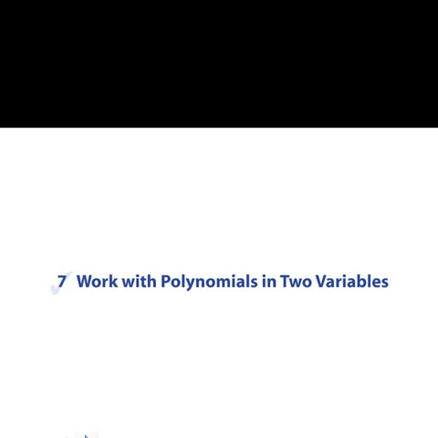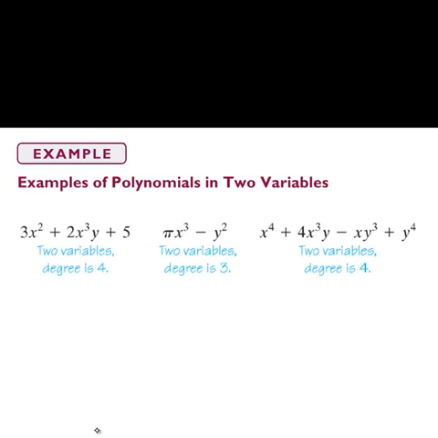All right, let's just remind ourselves what it looks like to have a polynomial when you have two variables, as in x and y, or y and z, or whatever. Here you've got this polynomial, 3x squared plus 2x cubed y plus 5. This first term has degree 2, from 3x squared.